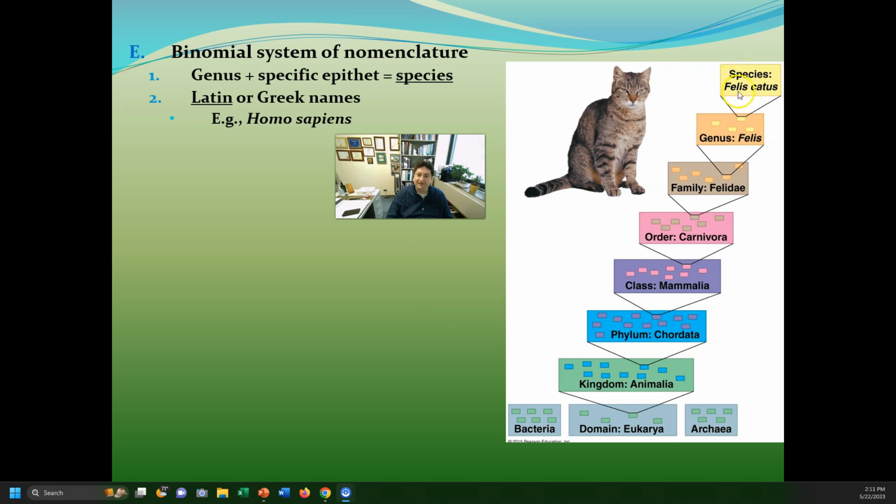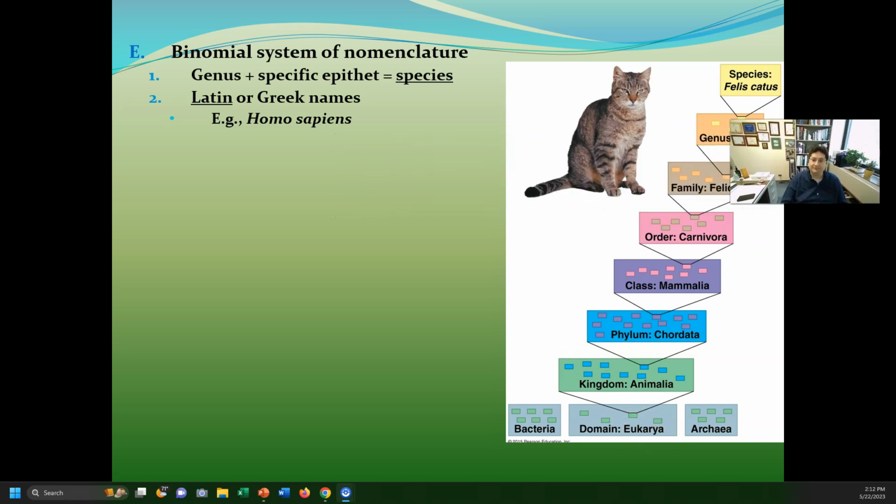The whole species is Felis catus. So you see here, Felis is the genus, catus the specific epithet, together the species. And then you can see the other categories that they're in, all the way up to domain eukarya. All right, cats are eukaryotes, so they'd be in domain eukarya.